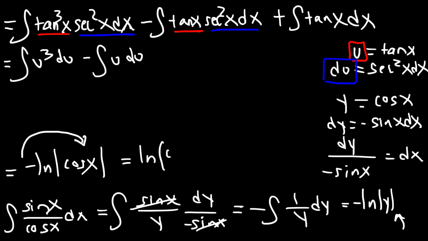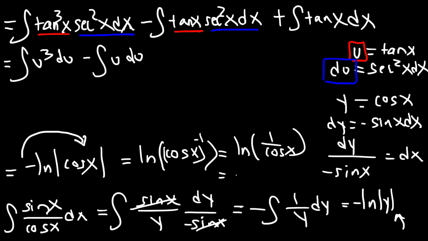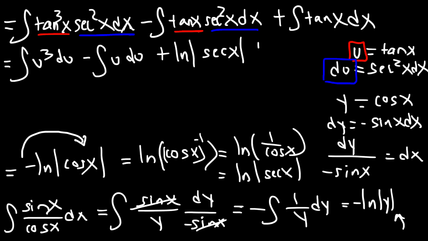So it's ln cosine x to the minus 1, which is the same as ln 1 over cosine. And 1 over cosine is secant, so this is ln secant of x. So we can replace the integral of tangent x with the natural log of secant x, and then plus some constant c.